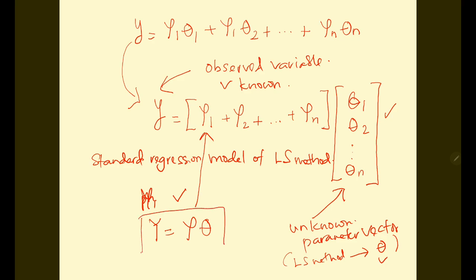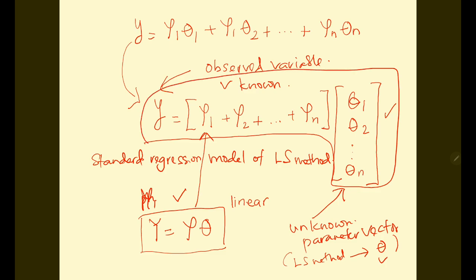Since the regression model is linear, we are able to sum up using the superposition theorem. So in short, we can write these equations as this: y equal to phi theta.